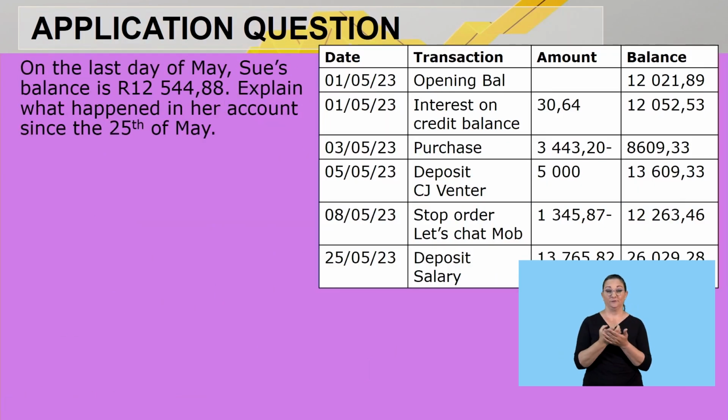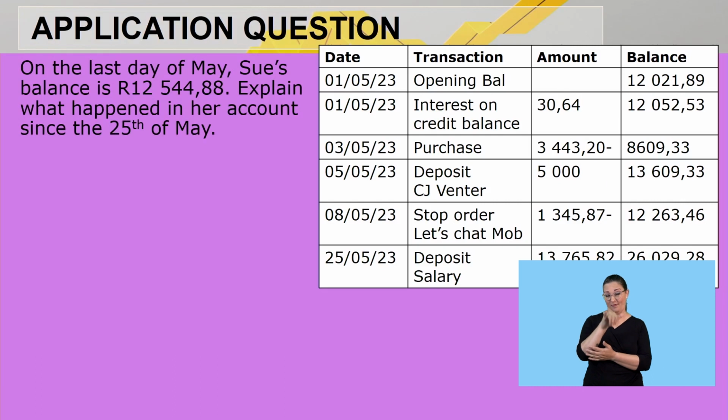Let's look at the last example for today. On the last day of May, Sue's balance is R12,544.88. Explain what happened in her account since the 25th of May.